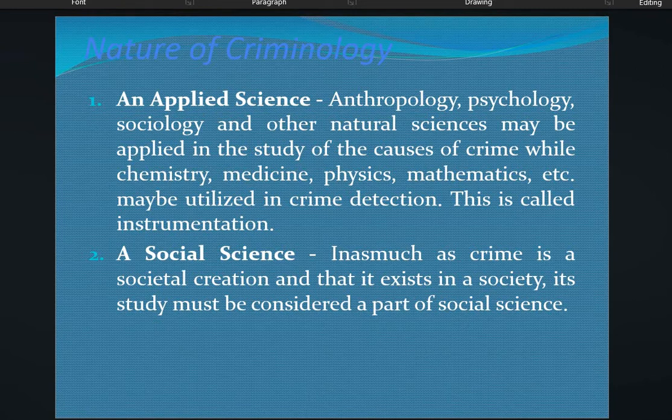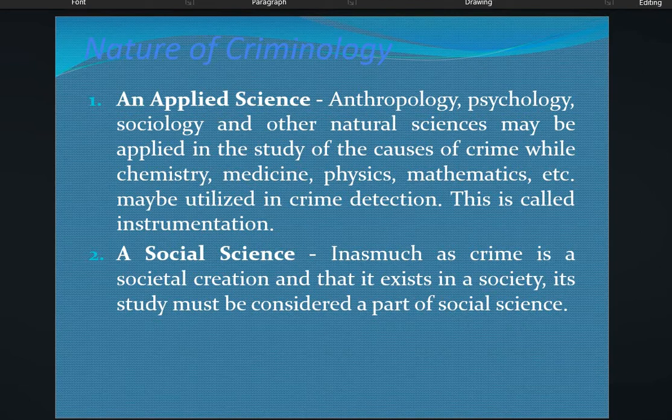following aspect. Okay? Number 2, criminology is a social science in as much as a crime is a societal creation and that it exists in a society. Its study must be considered a part of social science. Ma'am, bakit naging social science ang criminology? Because we are dealing with society, we are dealing with people, we are dealing with community.